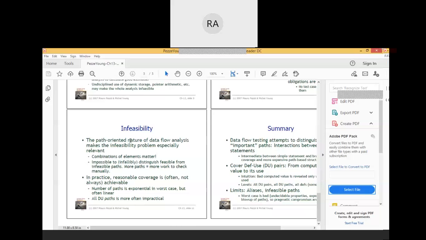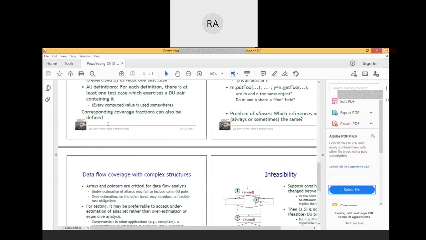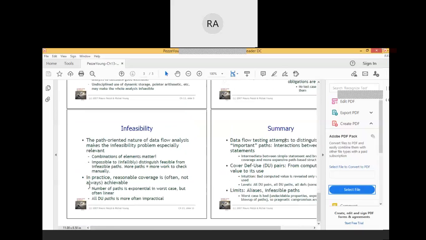And all DU paths. What do you mean by all DU paths? You have already studied this under the heading of adequacy criteria. For all DU paths, there is going to be at least one test case for testing each individual DU path. But in the real world, if you are testing with the help of this data flow analysis, then all DU paths is more often impractical.